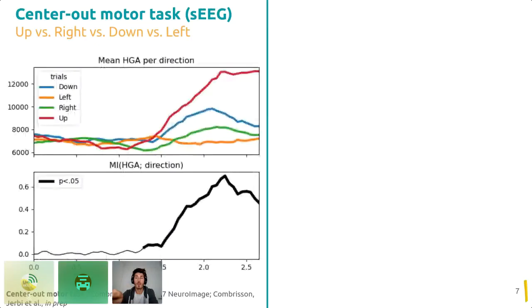Now we are really at the stage of trying to bulletproof it, and see if it works and if we are able to reproduce some results. Here is some data I used during my PhD. It's a center-out motor task with intracranial data, where the subject is moving the mouse into 4 possible directions: up, right, down, and left.